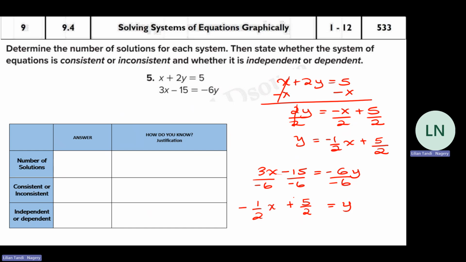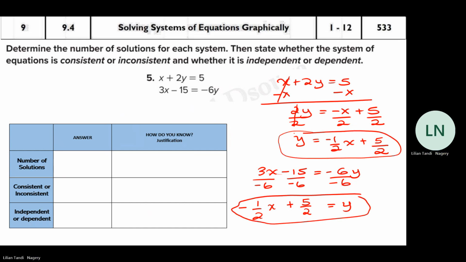What do you notice? This equation is the same as this equation. So for number of solutions, you're supposed to write infinitely many. And because you have infinitely many solutions, you are consistent.